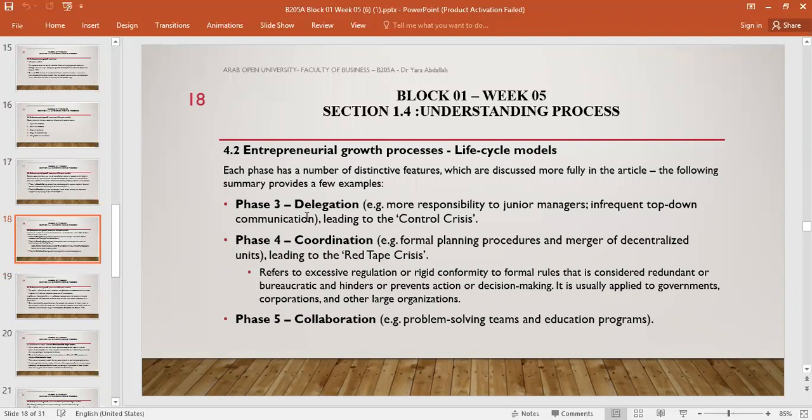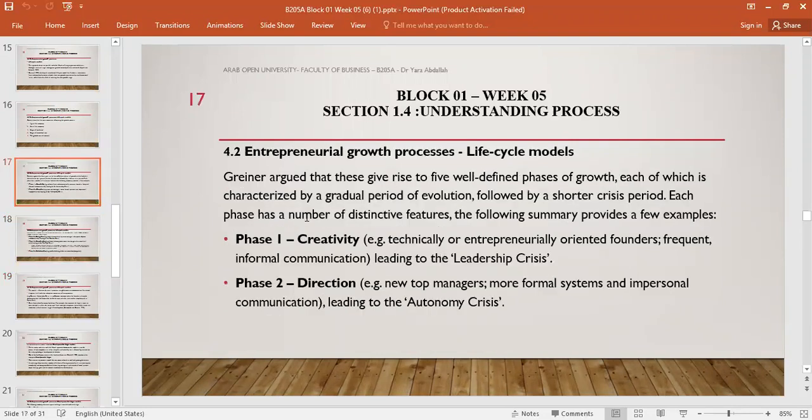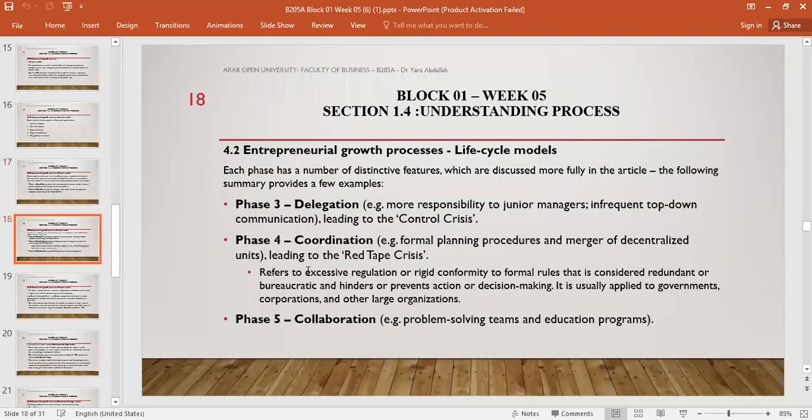But realistically, sometimes a firm is going to skip the direction phase, starting with creativity and then shifting directly to delegation, coordination, and collaboration. What happened here? You didn't follow the sequence.